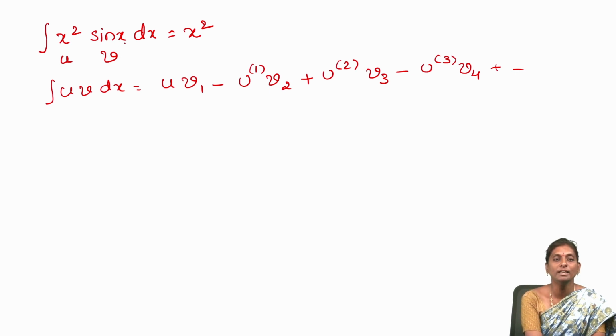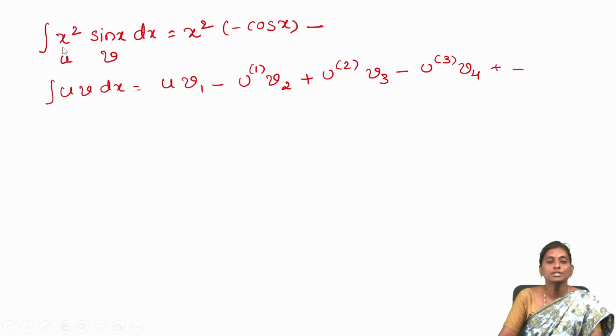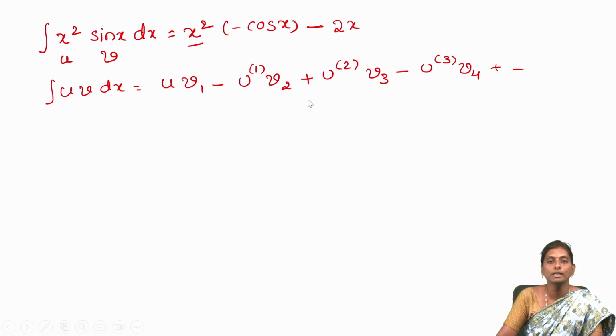What is the integration of sin x? It is minus cos x. Then minus, and the differentiation of the first function, u with respect to x. The differentiation of x square is 2x.